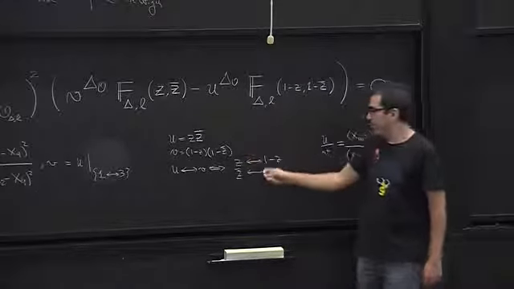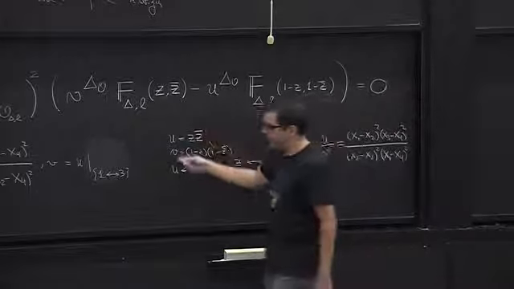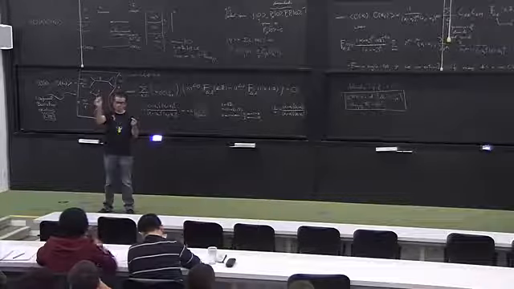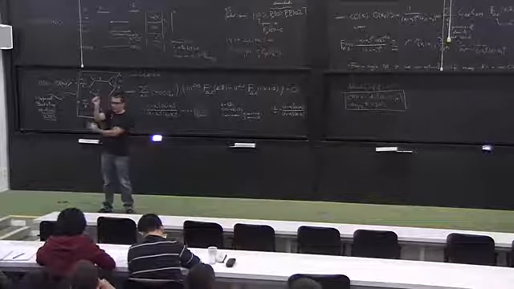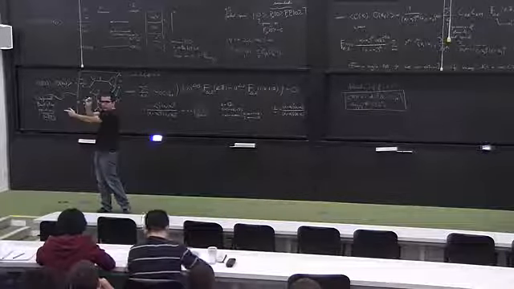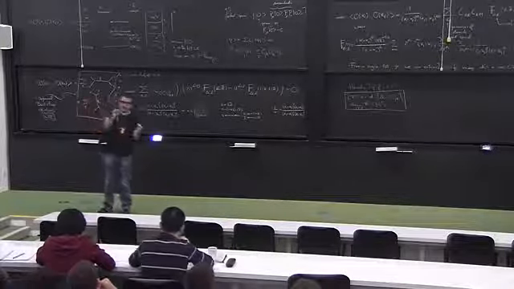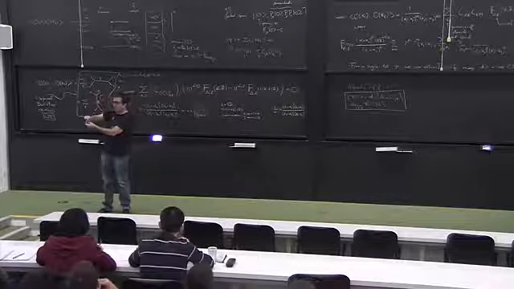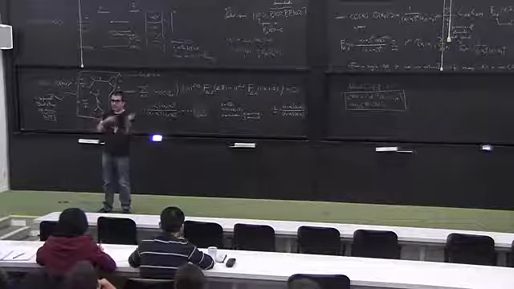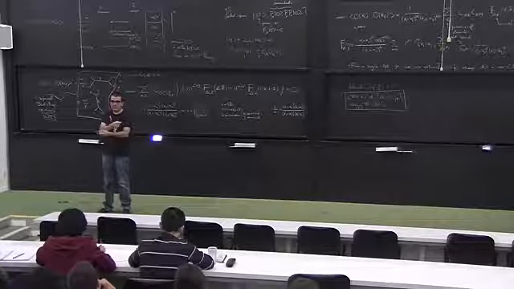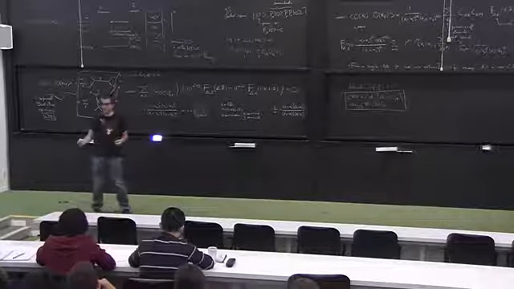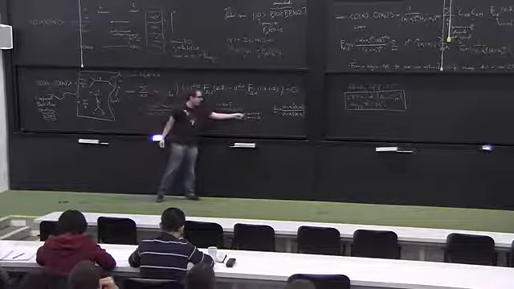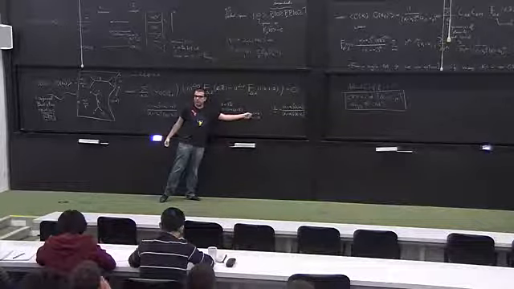Remember that another interpretation of Z was the coordinate of a point once you fix x1 to be 0, x3 to be 1, and x4 to be infinity. Then Z bar was the distance from 1, and 1 minus Z bar was the distance from 3. But if you exchange 3 and 1, you change Z and 1 minus Z, because you exchange who is at 0 and who is at 1. So that is a more geometrical explanation of how we could have guessed immediately what we should expect.